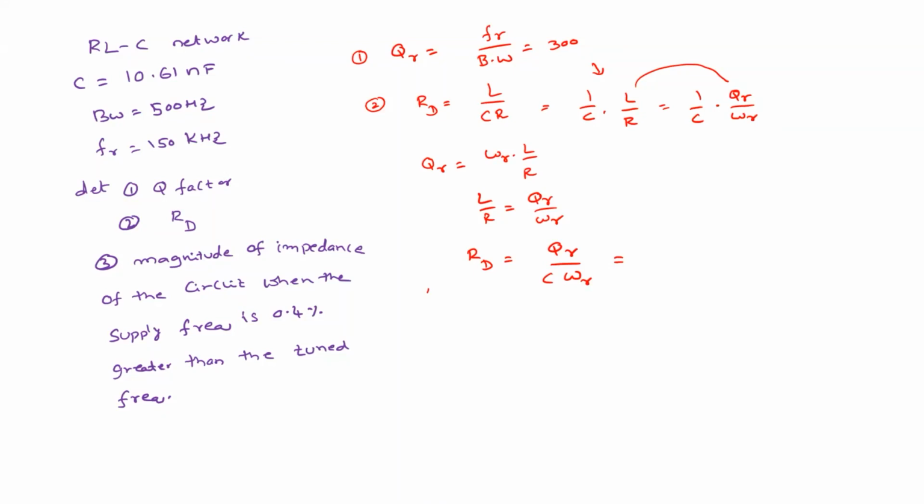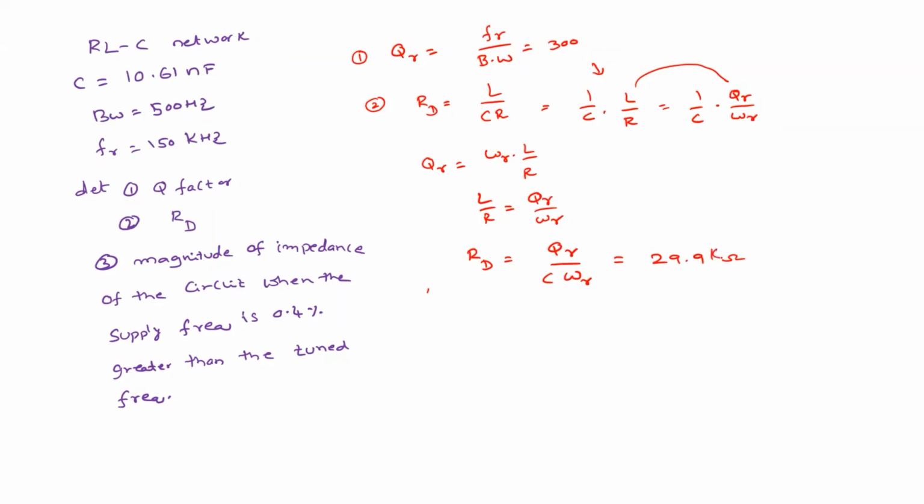29.97 mega ohms. How much? 29.97. Is it 29.9 kilo ohm or ohm? Sir, mega ohm. Capacitor is in nano farads, sir. Nano means 10 to the power of minus 9, you consider. Sir, 30 kilo ohm.